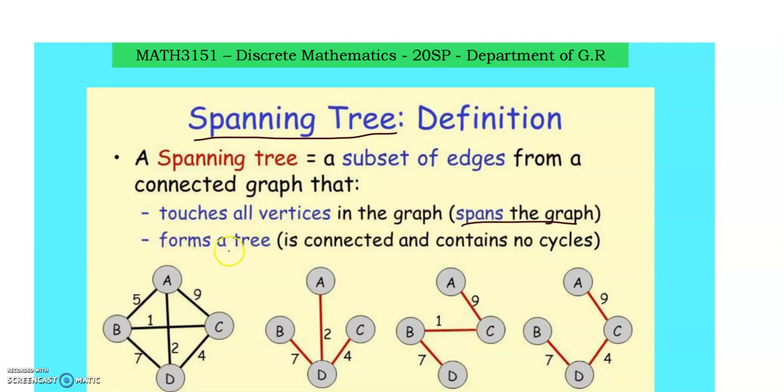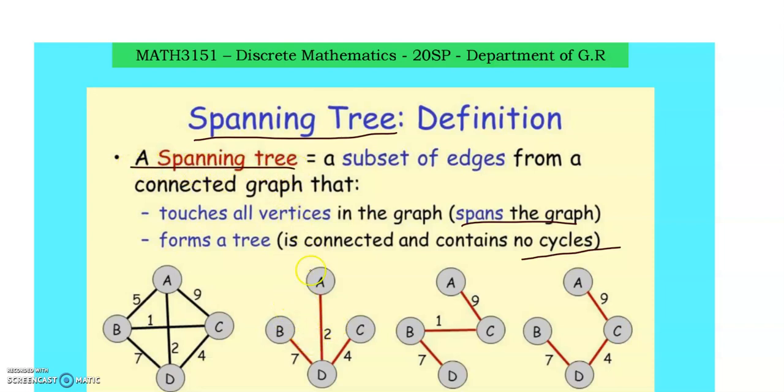Second, forms a tree, is connected and contains no cycles. What is a spanning tree? A spanning tree means it touches all vertices. All vertices you have to cover, that tree has to cover all the vertices. At the same time, it should not contain any cycle. At the same time, it has to form a tree. That is called a spanning tree.